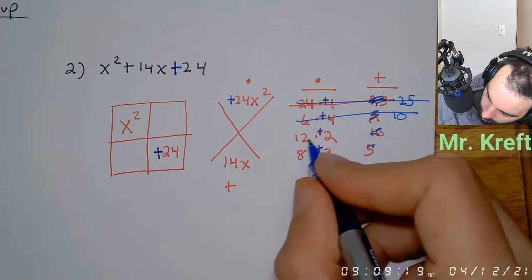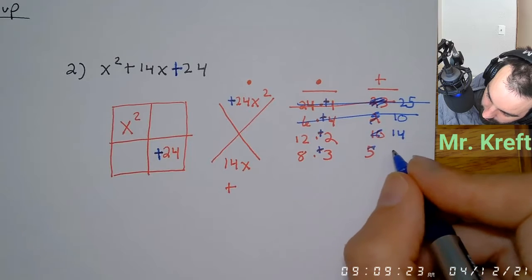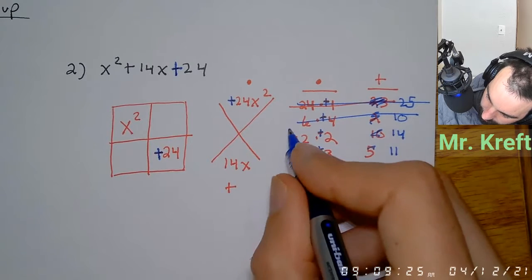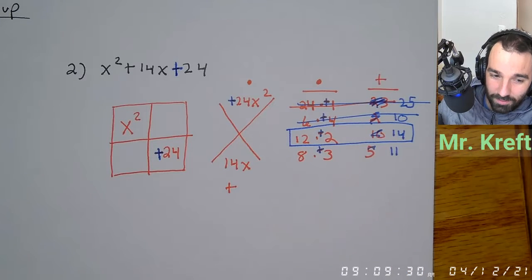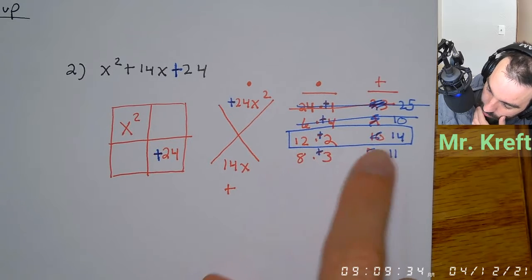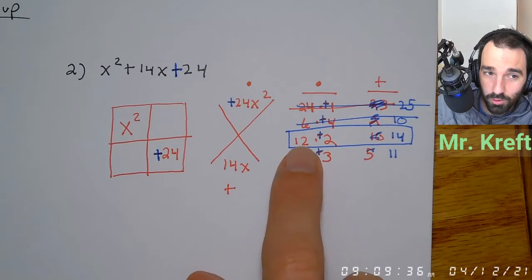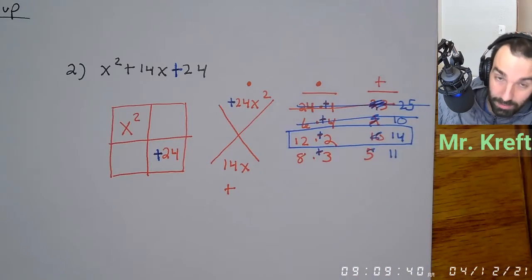That doesn't work. 12 plus 2, that's 14. There we go. And then 8 plus 3 is 11. So 12 plus 2 would be 14. They were negative before, so 12 plus a negative, you'd subtract. So that would be 10.